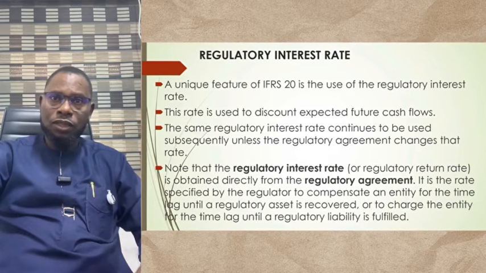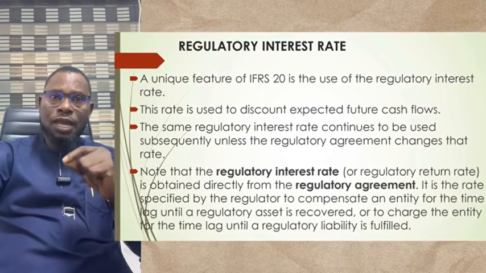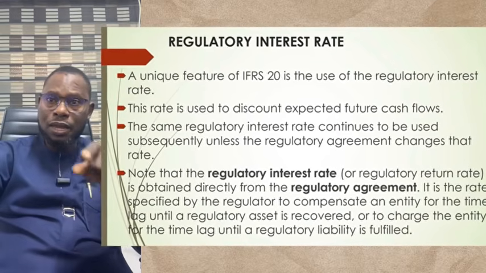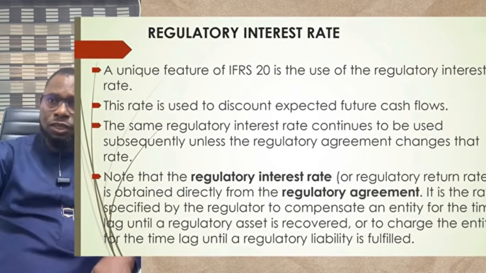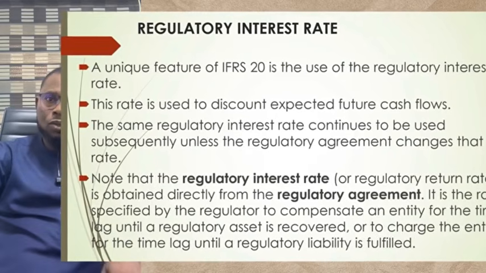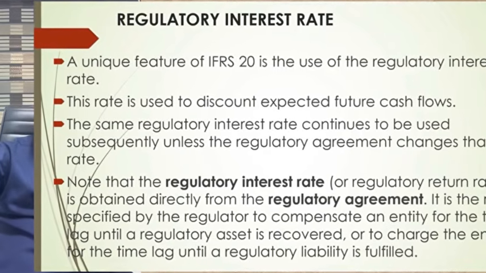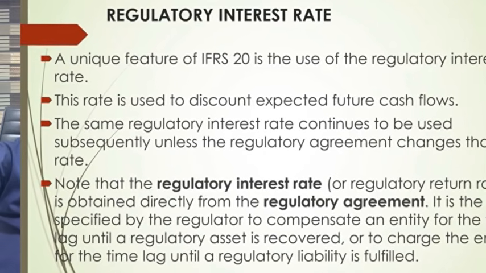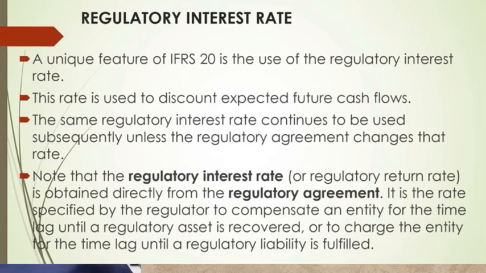So note that the regulatory interest rate or regulatory return rate is obtained directly from the regulatory agreement. As I said before, it is stated in that regulatory agreement. It is the rate specified by the regulator to compensate an entity for the time lag until a regulatory asset is recovered. So I explained that before. Or to charge the entity for the time lag until the regulatory liability is fulfilled. So there has to be some form of compensation.